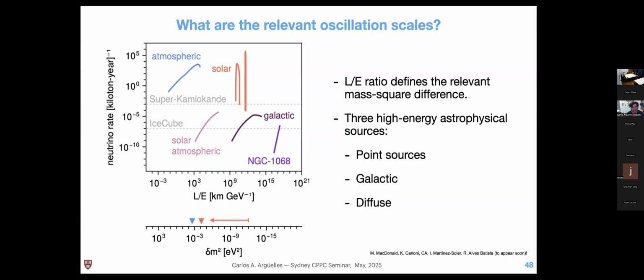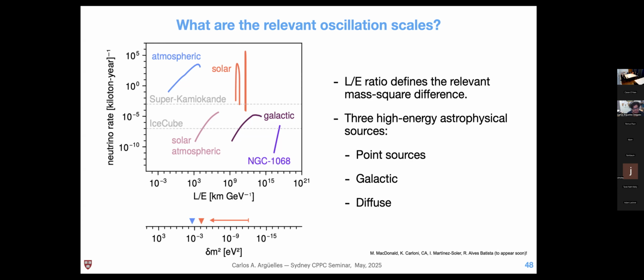The horizontal axis is the L/E that corresponds to that flux, and below is the mass square difference associated with that L/E. There are two horizontal lines that show the kiloton year of Super-K and IceCube to give a sense of scale. Things above that line should produce events within those detectors, and below that line do not.